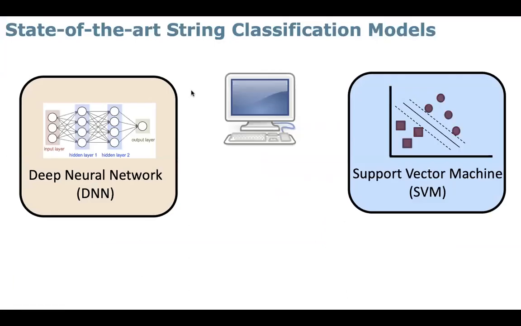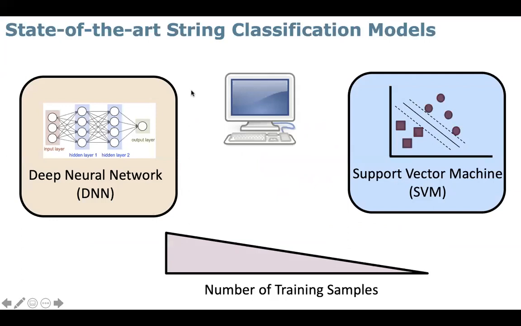All right. So there are two groups of string classification model families in the literature. The first kind is deep neural network based. They are very, very popular. And the second kind is support vector machine based, the SVM-based string kernel family.